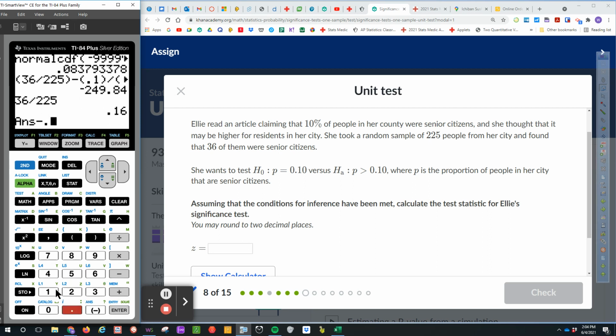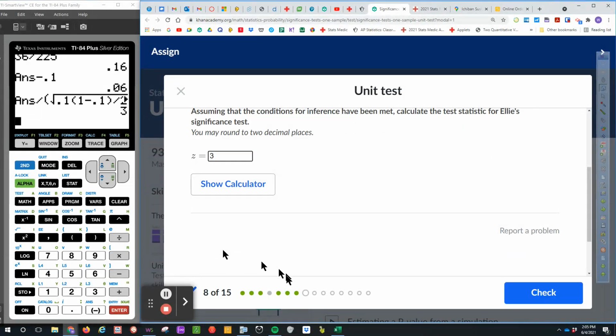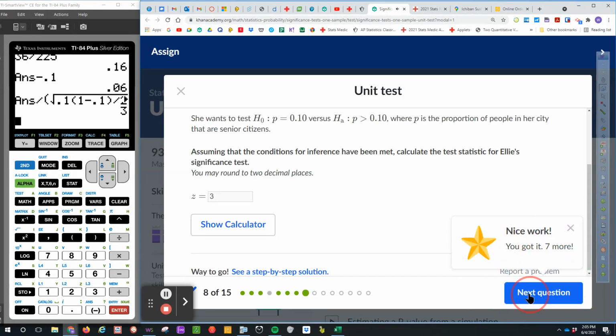So 0.16 minus 0.1, which is that. Then we need to divide by, I did not do the square root. So square root of 0.1 times 1 minus 0.1 close bracket divided by 225, and then close bracket. So 3. Okay.